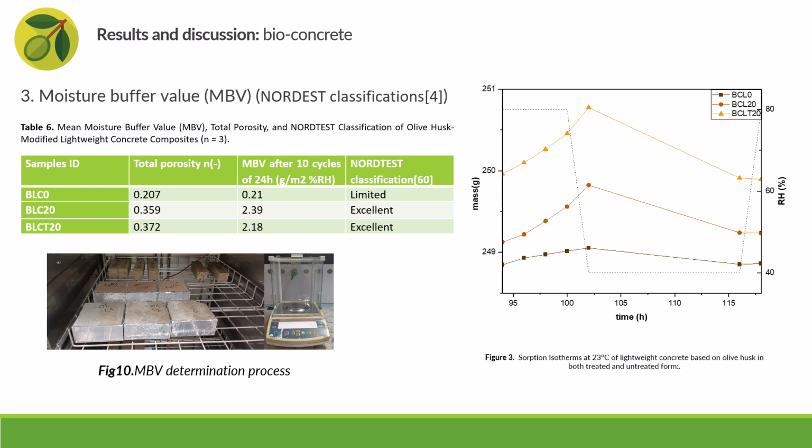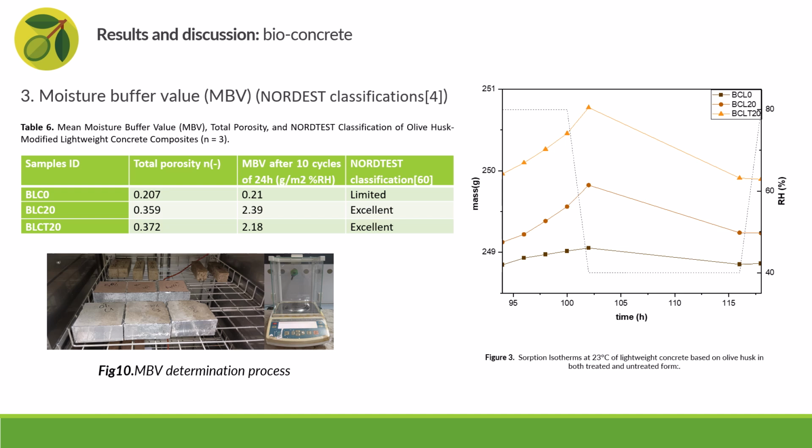Interestingly, while the treated husk concrete has slightly higher porosity, the untreated concrete records a higher moisture buffer value, suggesting that the presence of oil residues does not prevent vapor exchange at the composite scale.